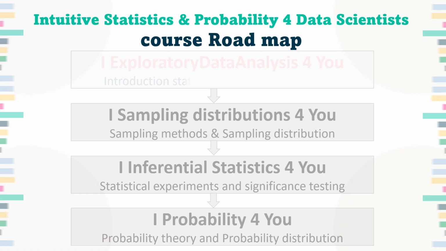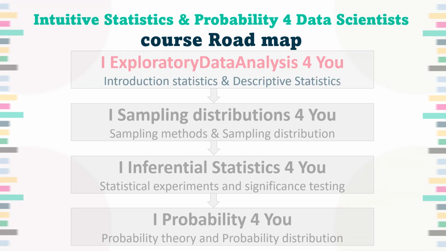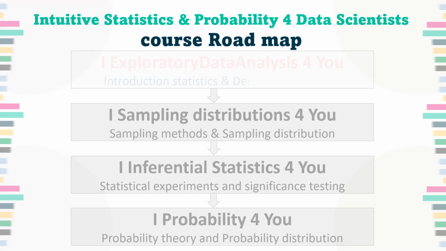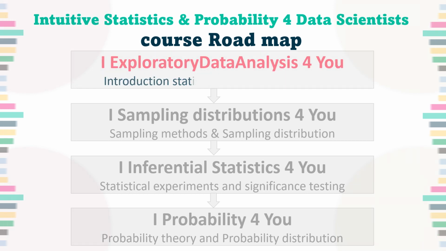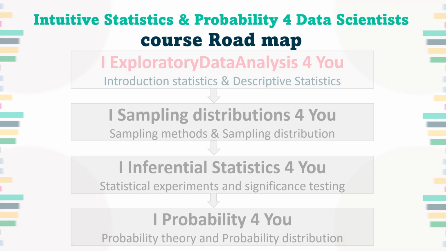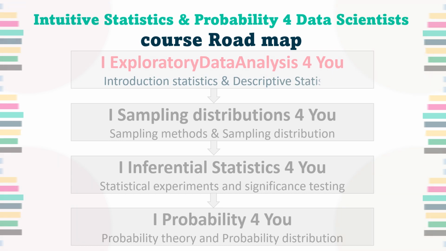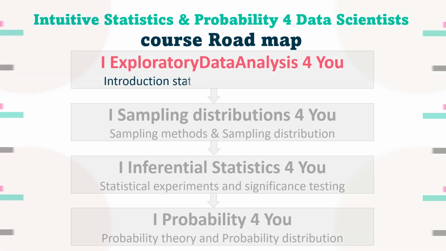One is Intuitive Exploratory Data Analysis for You, two Intuitive Sampling Distributions for You, three Inferential Statistics for You, and Intuitive Probability for You. So these are the four courses that come under Intuitive Statistics for Data Scientists.